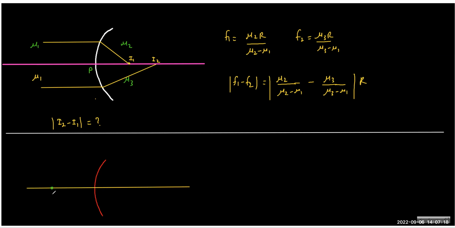So we have an object here, and this is a mu, which is 1.5, and this is mu, which is 1.3. Find the distance between the images of the object.